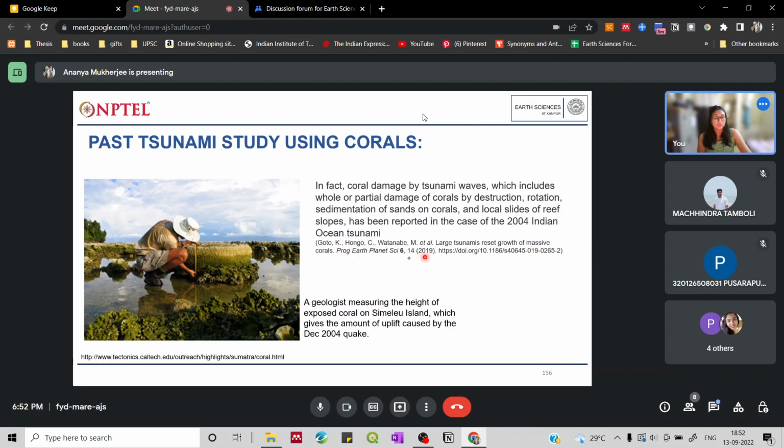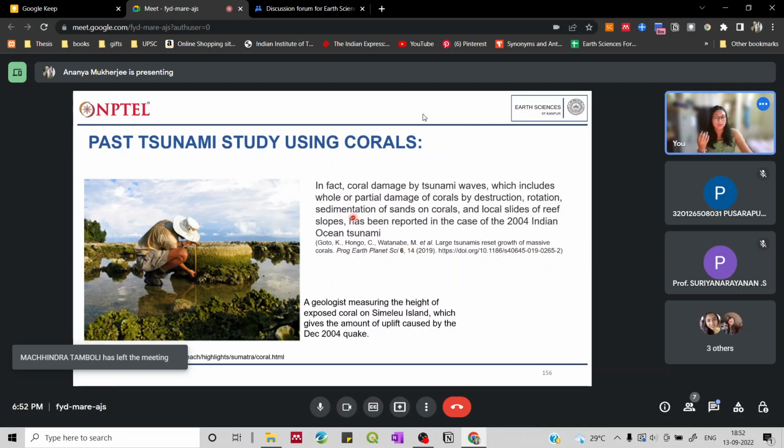Due to tsunamis, a lot of corals are damaged, and it can cause different kinds of problems with the corals. It can destroy them, it can change their growth pattern, it will deposit a layer of sediments or sand on top of the corals, and it will obstruct their growth, okay. So these are some of the destructive phenomena that can happen to corals due to tsunamis.